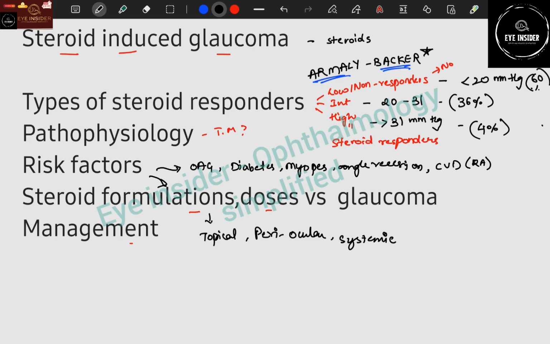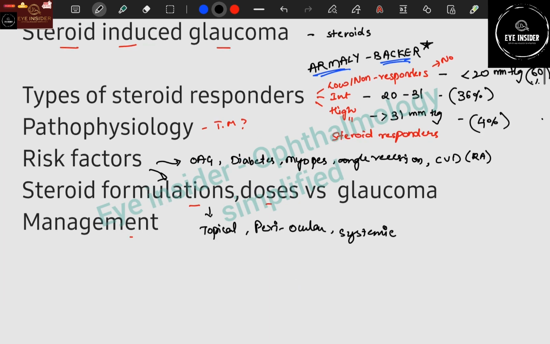Okay, the first generation relatives of open angle glaucoma patients are also at risk. Coming to the steroid formulations, topical steroids, periocular as well as systemic steroids are most commonly associated with the development of glaucoma, whereas intranasal and cream preparations cause glaucoma in the very long run.